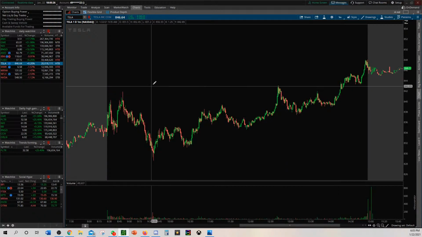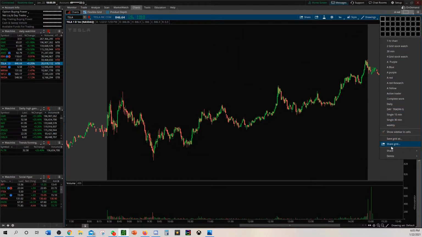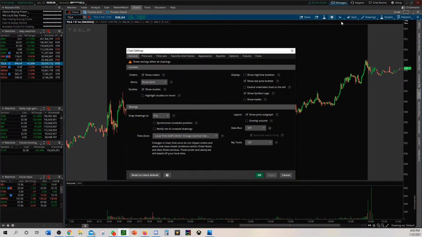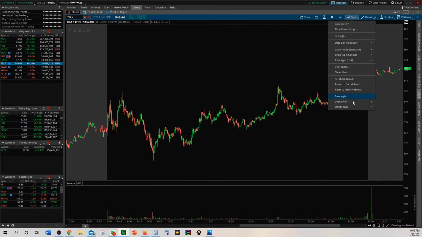When you open your Thinkorswim, charts will look like something like this, and if the charts don't look like that, I'm actually going to make it look the way it was by default, when you first open Thinkorswim.